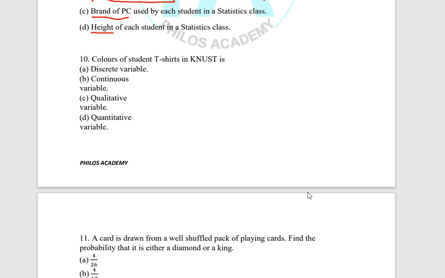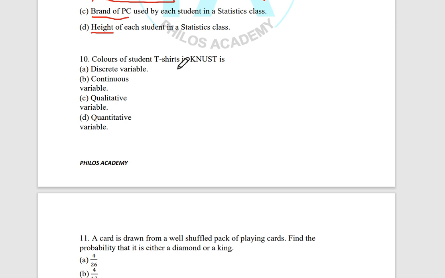Question 10 says, colors of student t-shirts in KNUST is. The color of your t-shirt is not in numbers. It's either your t-shirt is blue, black, green, yellow, or white, but the color is not in numbers.